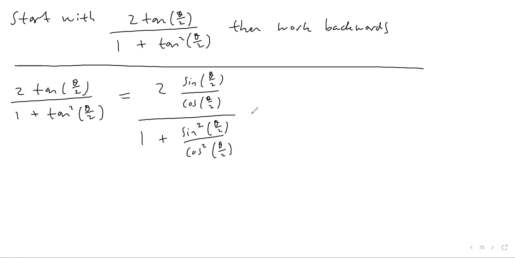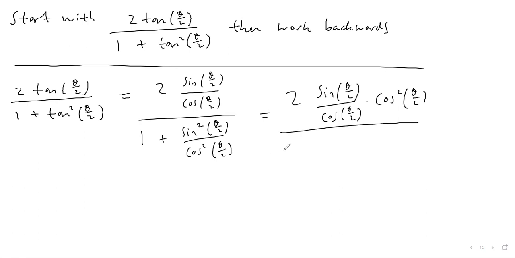Now we've got three terms in the fraction, that term, that term, that term. I'm going to multiply those three terms by cos squared theta over 2. So I'm going to do the top thing here, sine theta over 2 over cos theta over 2, and times that by cos squared theta over 2.